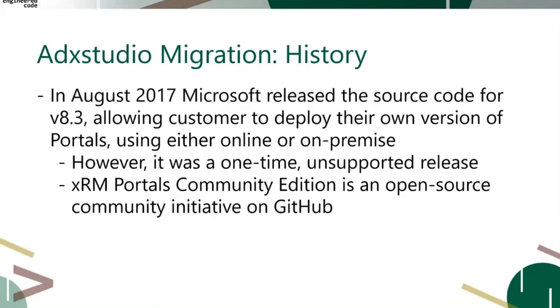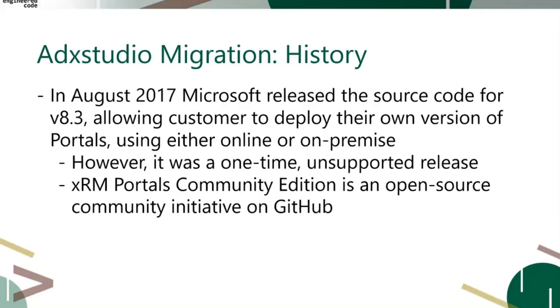So in August of 2017, Microsoft released the source code for their latest version, which at that point was version 8.3. They essentially said, hey, here's all the source code for Portals. Here are all the solutions for Portals. If you want to, go ahead and install it yourself. This allowed customers to deploy their own version of Portals, and it works for both online and on-premise.